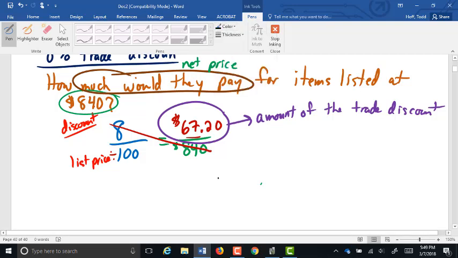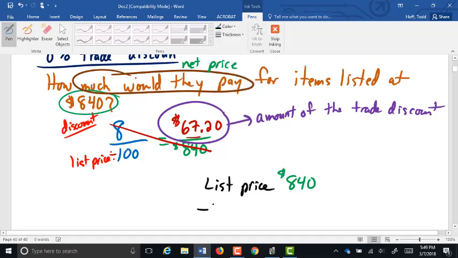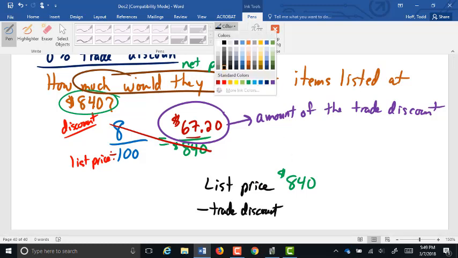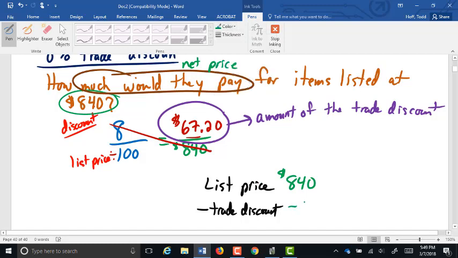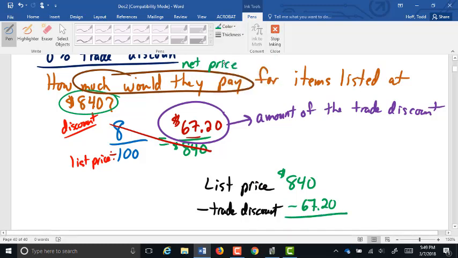So we would take the list price, which is that $840, and we would subtract the trade discount, which is $67.20, and that will give us that net price.